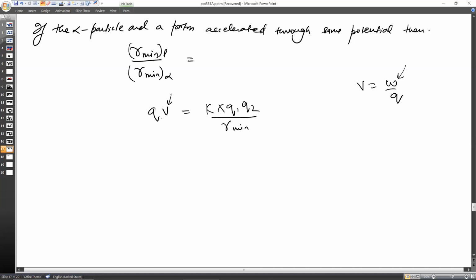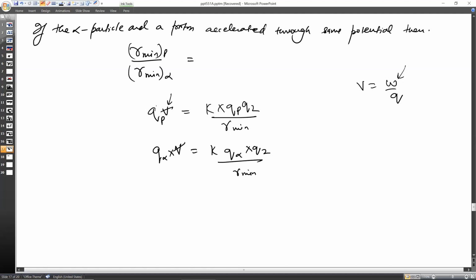And Q1 is like this, this is proton, this is also proton. Got it? Yes, sir. And now for this one, Q alpha into V is equal to K Q alpha into Q2 upon R minimum. Okay, got it? Now, saying same potential, this will cancel out each other.